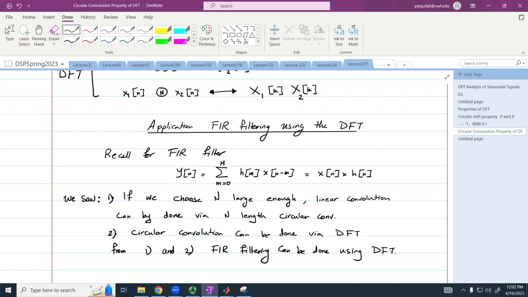Together? So again, if we choose N large enough, the circular convolution is equal to the linear convolution.